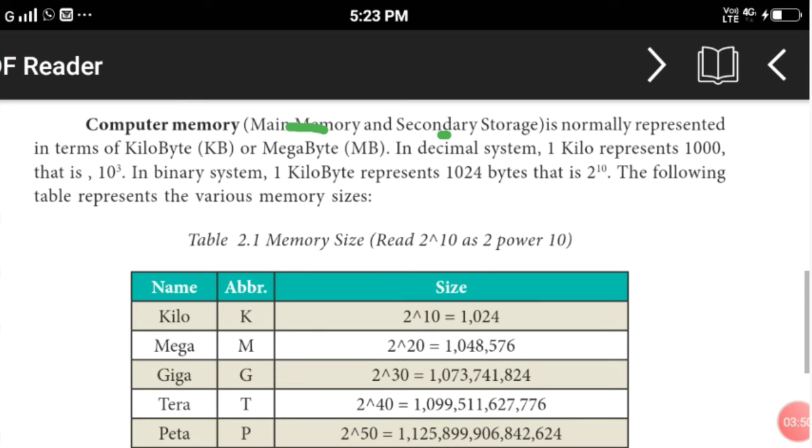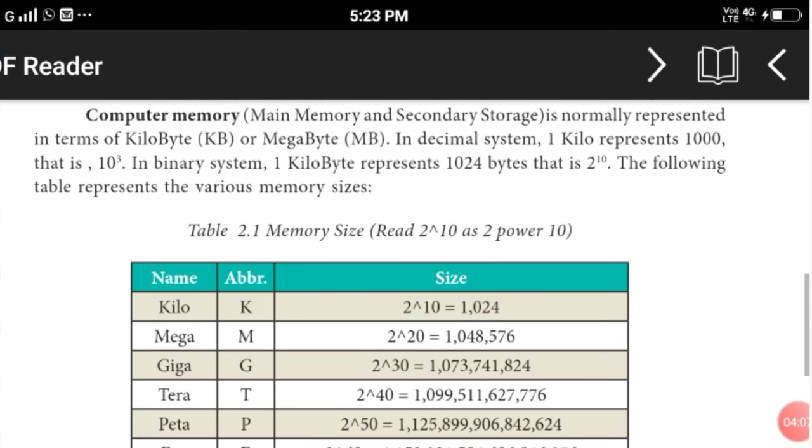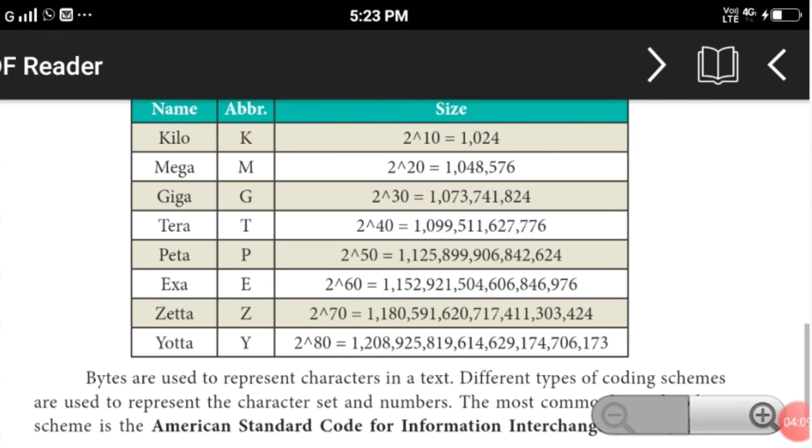Main memory and secondary memory are represented in terms of kilobytes and megabytes. In the decimal system, 1 kilo represents 1000, 10 to the power of 3. Kilobytes represent 1024 bytes, 2 to the power of 10. Here is a short-form table: kilo, mega, giga, tera, peta, exa.